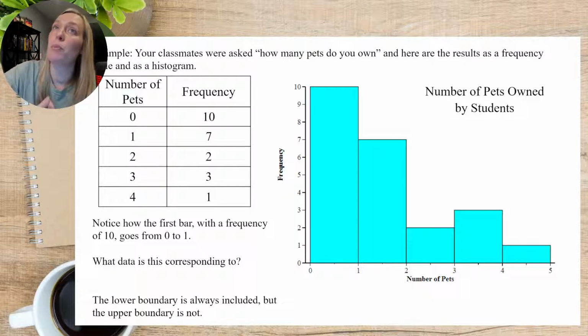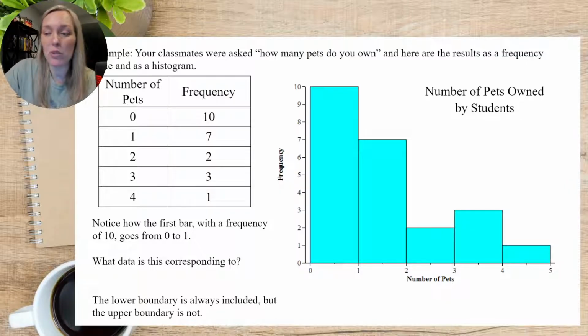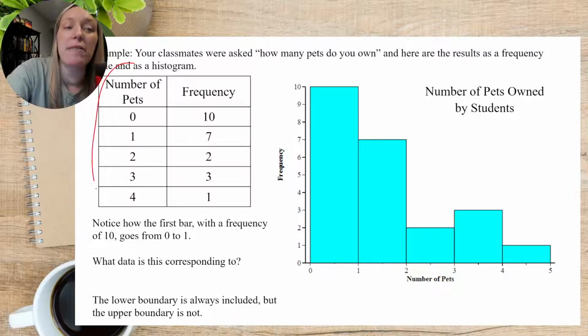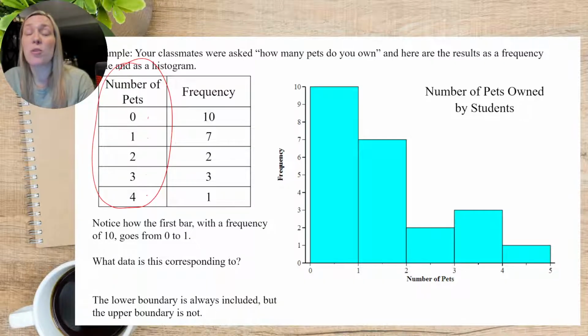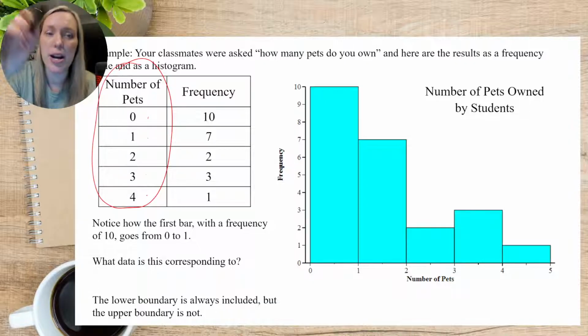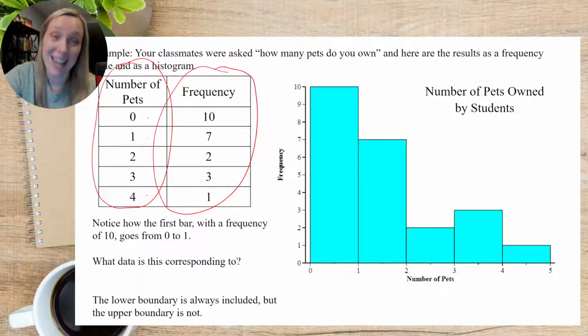We don't usually report decimal values for number of pets owned. So the frequency table over here, I have number of pets. Whether you have 0 pets, 1 pet, 2 pets, 3 pets, or 4 pets, no one in the sample had 5 or higher, so we stopped at 4. And then frequency. So how many students fell into each of those counts?